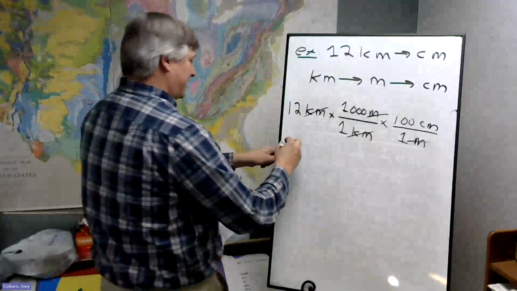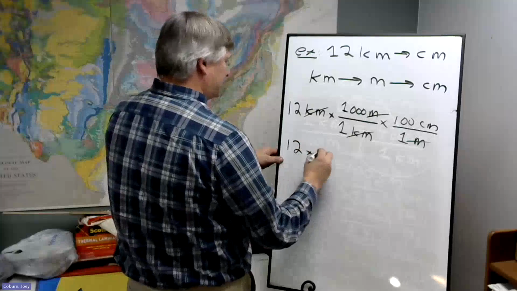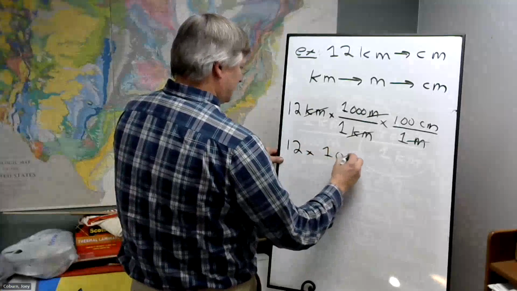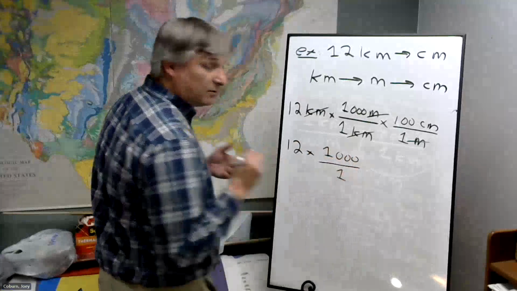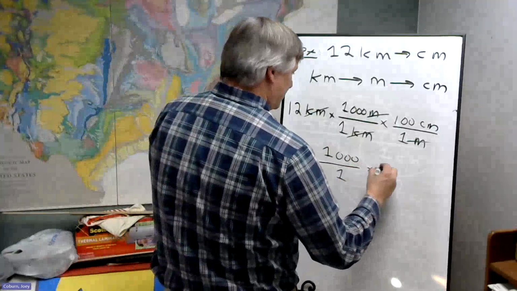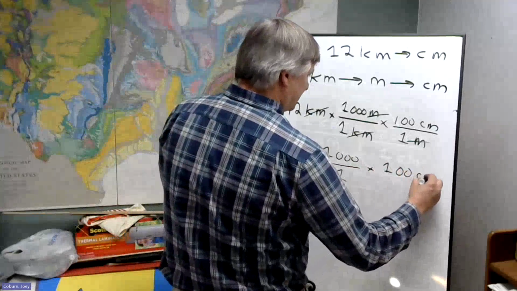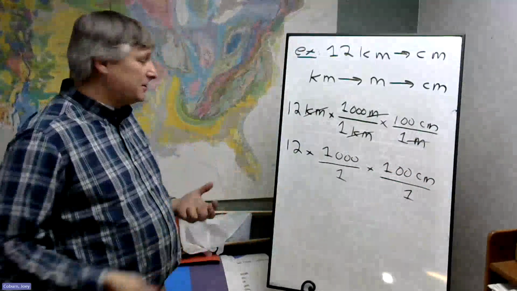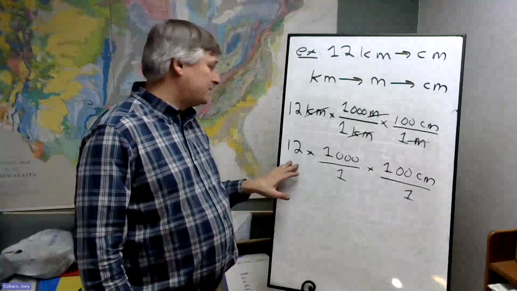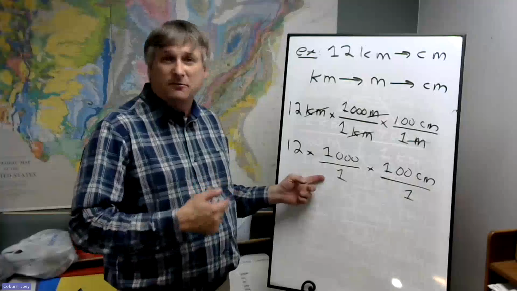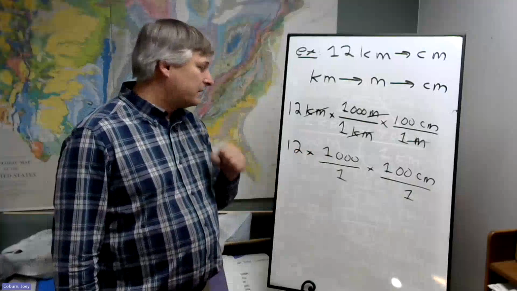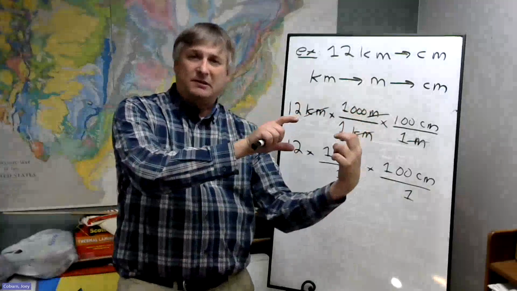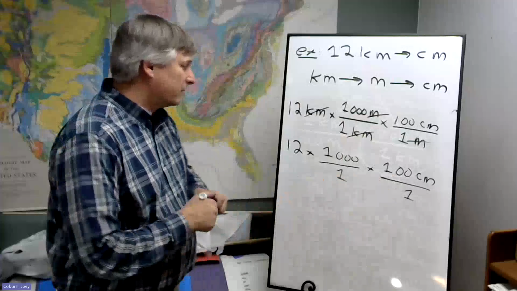So what we have left is 12 times 1,000 over 1 times 100 centimeters over 1. You could enter this into your calculator as 12 times, and then in parentheses, the fraction 1,000 over 1 times, in parentheses again, 100 over 1.